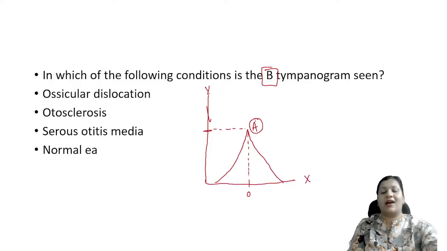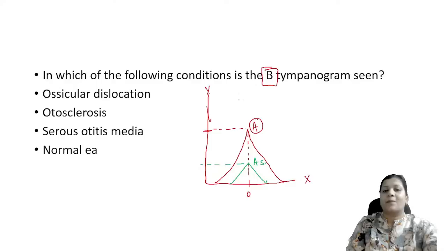This type of graph, we would call a type A graph. Now, if the peak is at 0 but it is a smaller graph, not occupying half of the length on the y-axis, we will call it AS. If the two curves are discontinuous with each other, you will call it AD.